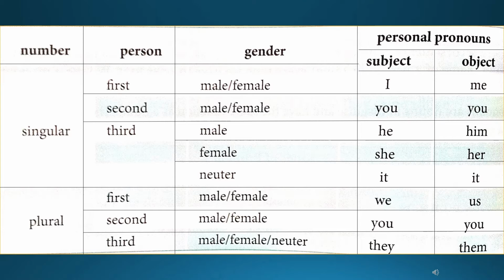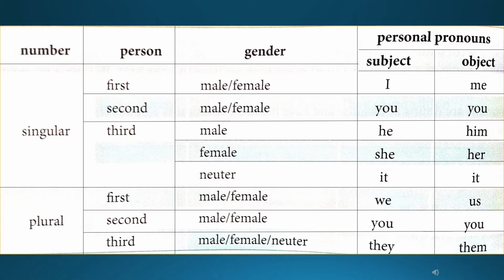For the third person, for male, we can use he as a subject and him as an object. For female, she as a subject and her as an object. For neuter gender, we can use it for both subject and object.